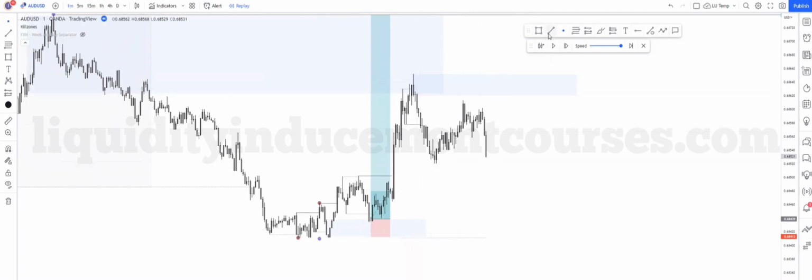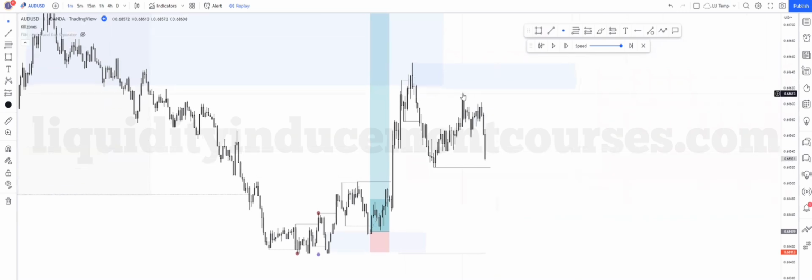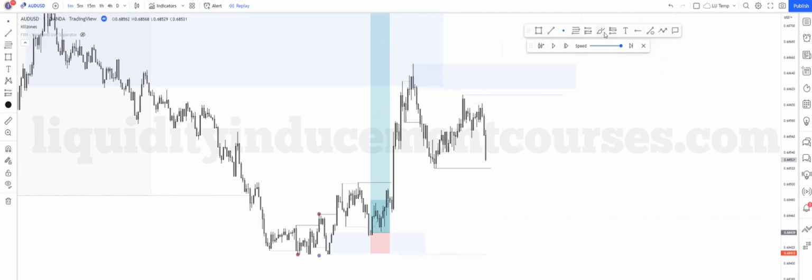So if price breaks this low, then we can anticipate this to get taken. So here's the part where we have to think now. This can become a pool of liquidity, and we also have equal highs here. So this will be the reason why price comes up, tests this, and then goes down.